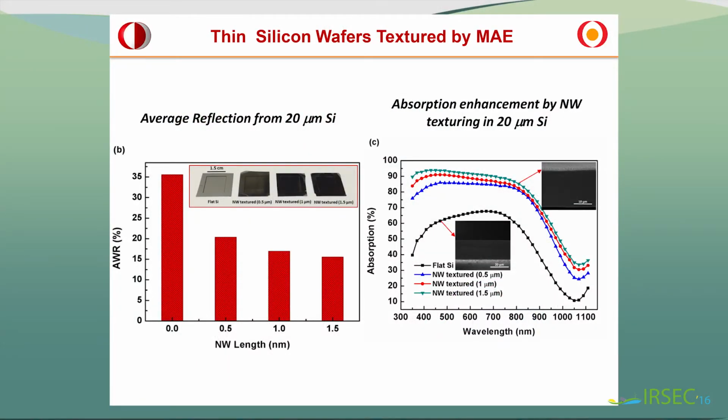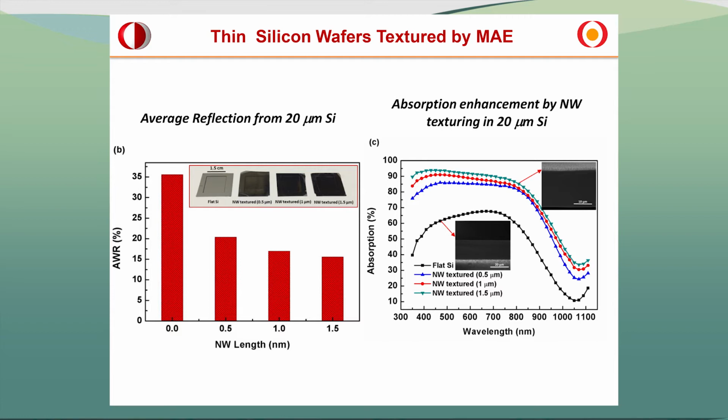What we did here is we applied nanowires or nanostructures on the surface. Okay, and the average reflection from a 20 micron silicon wafer decreases, of course, with the nanowire texturing on the surface. You see the length of the nanowire is 0.5, 1 micron and 1.5 micron, and we reduce the reflection significantly.